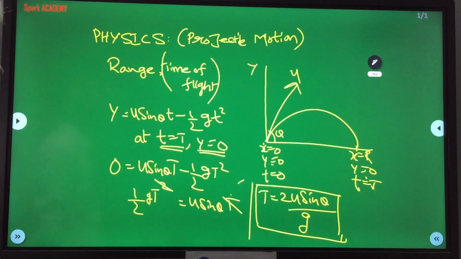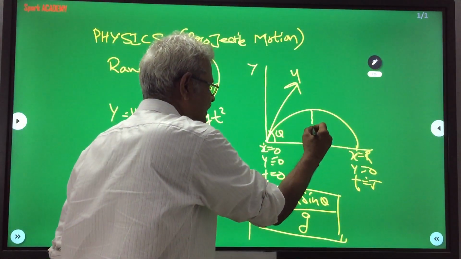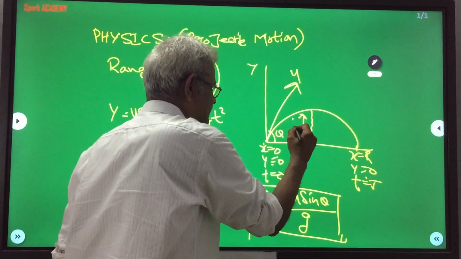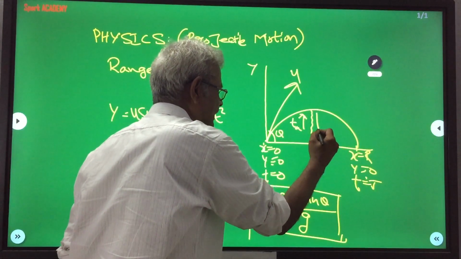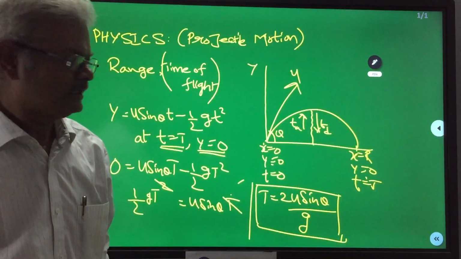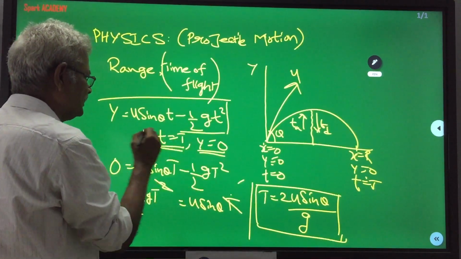Understood? This is the time of flight. So that means time of ascent from here to here is equal to time of descent, same model.